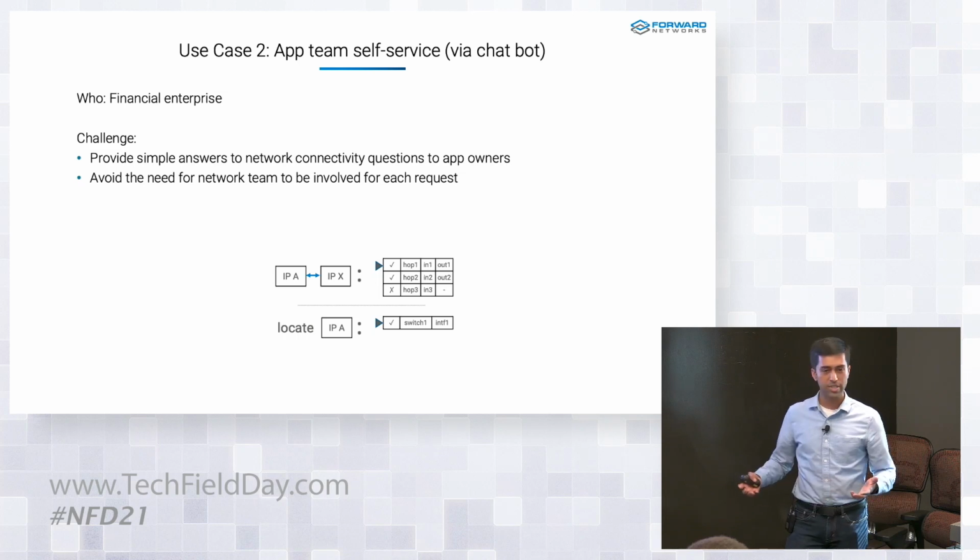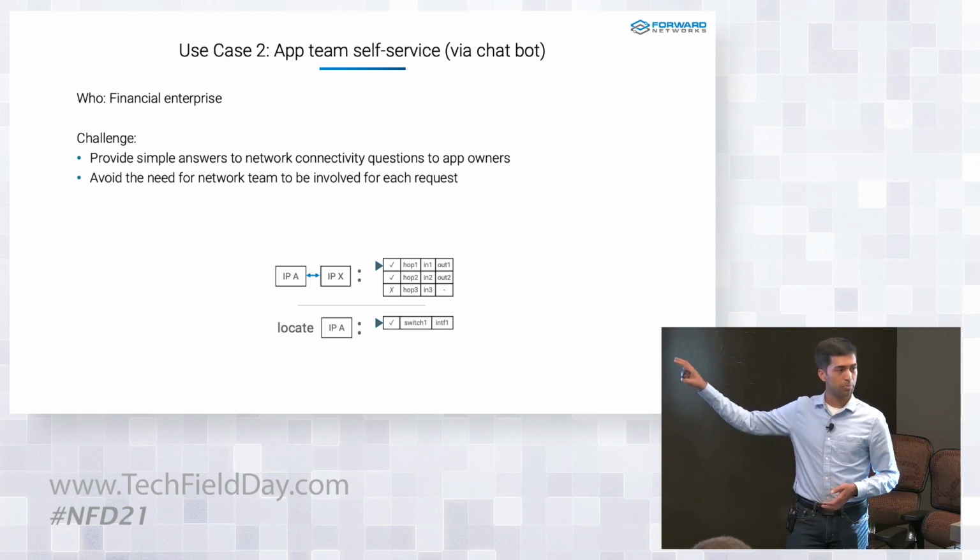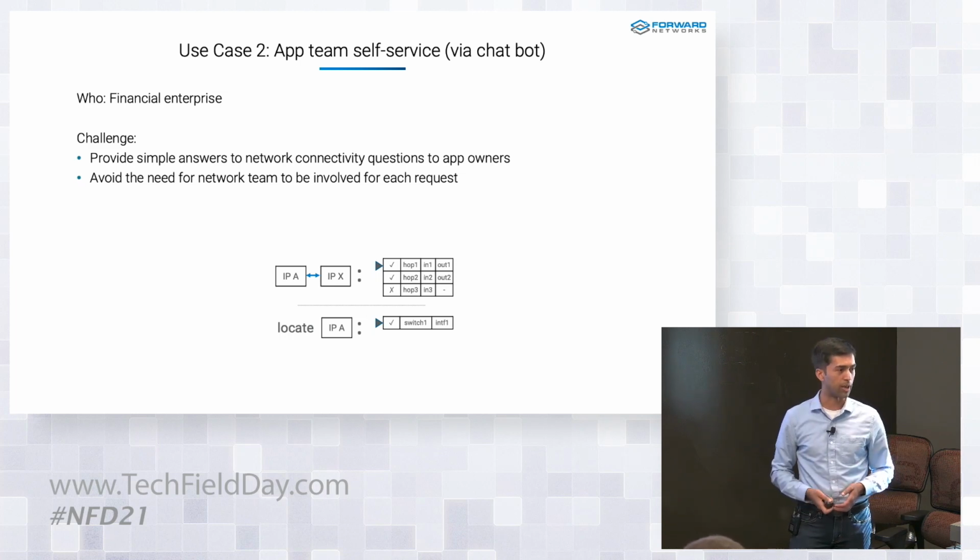Our app owners keep asking us the same question again and again: does the network provide the expected connectivity? They wanted to avoid the need for the network engineers to be involved in answering every one of these requests. So they wanted to provide a means for the application owners to essentially help themselves. We'll take a deep dive into this particular use case, and you'll also see a little bit of a demo later in this session.